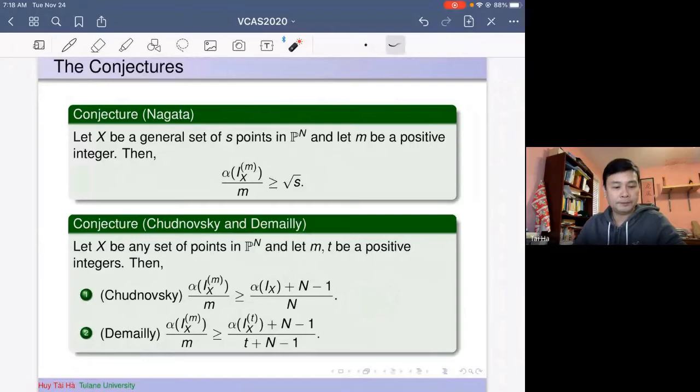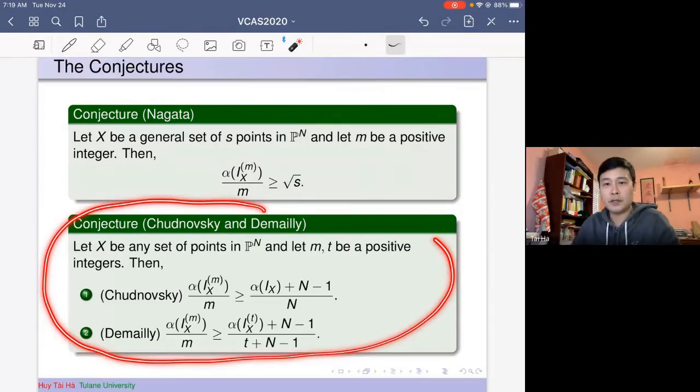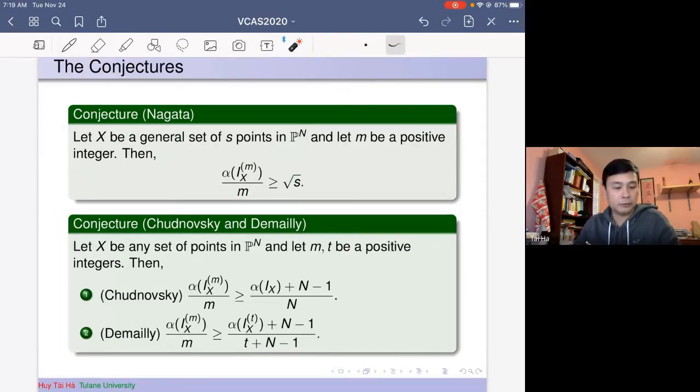So the focus of our work is actually on these two conjectures. There is a lot of work on Nagata's conjecture still, but we are not looking at that, so I'm not going to say anything more about it. For the rest of the talk, I'm going to focus on the Chudnovsky and Demailly conjectures.